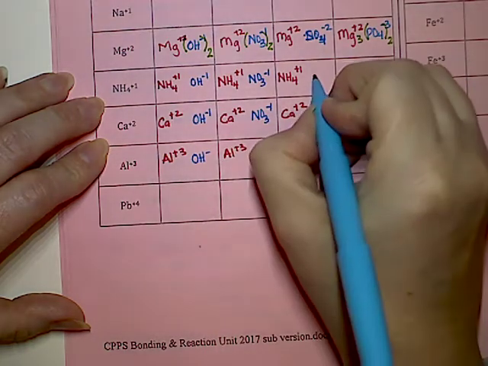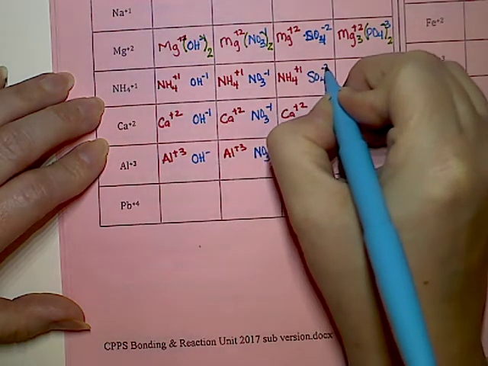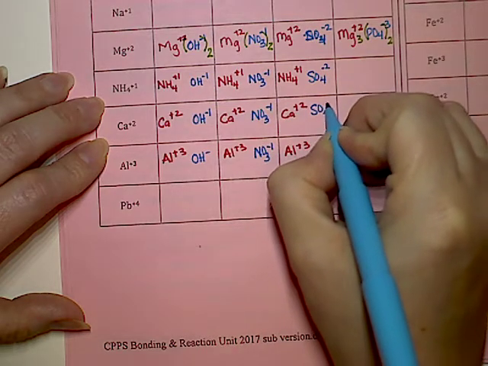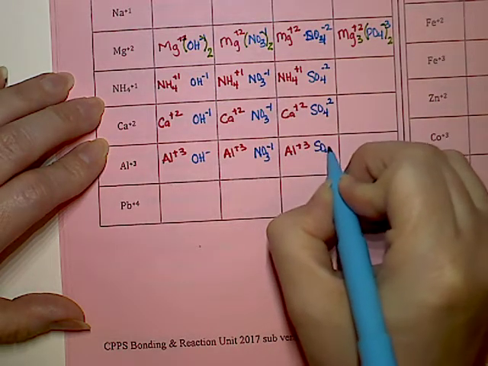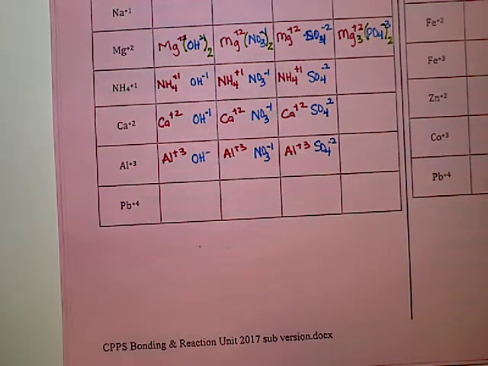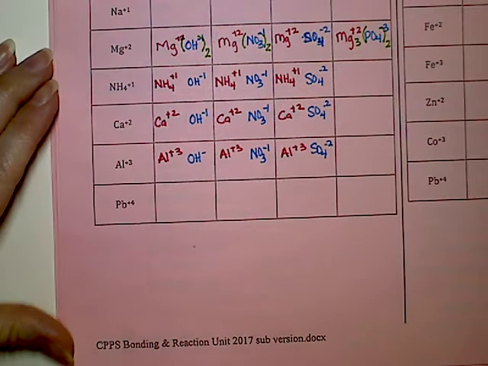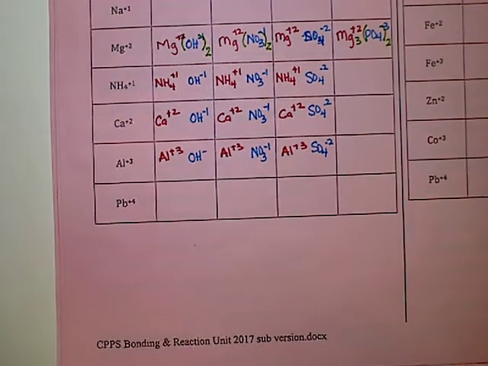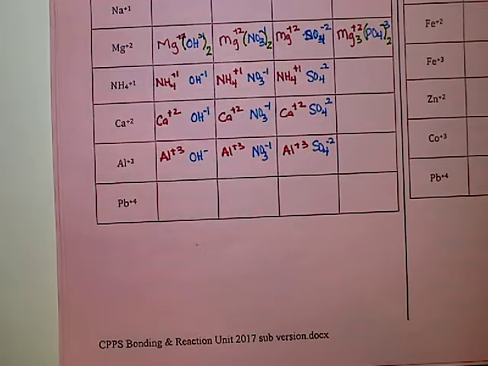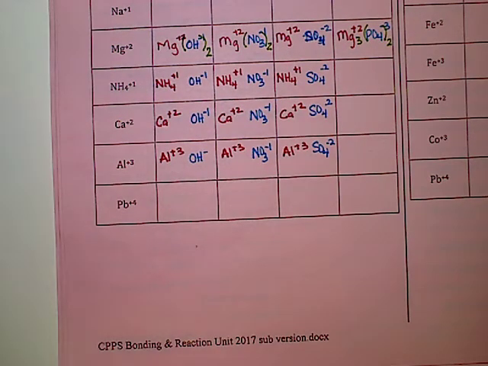And then my sulfate column. Okay, so I have all of my columns in there. All my ions are written down.